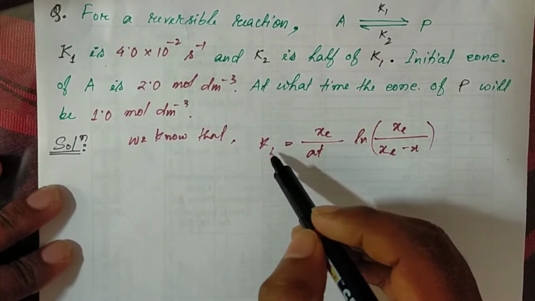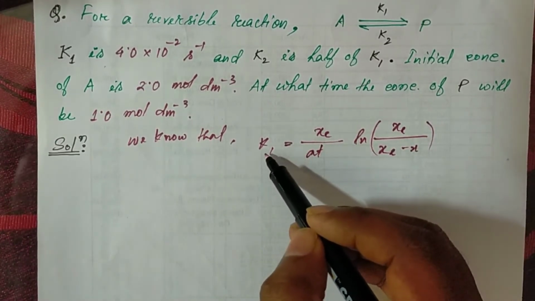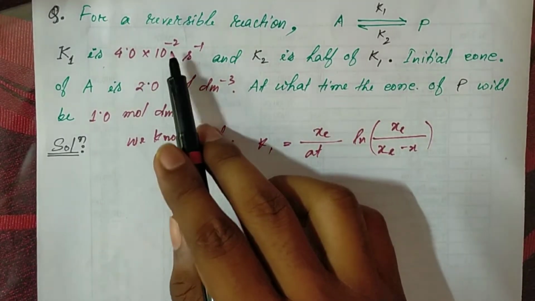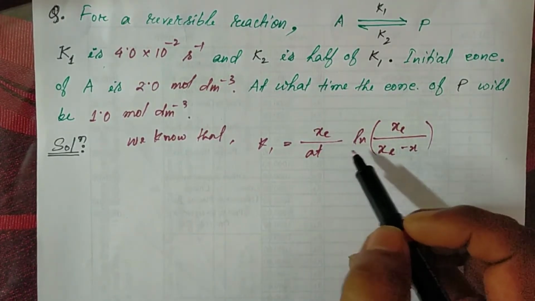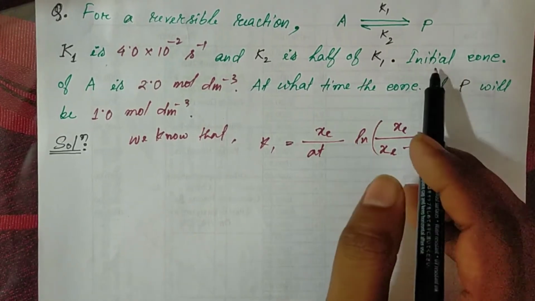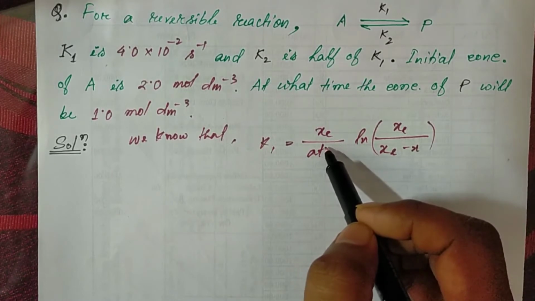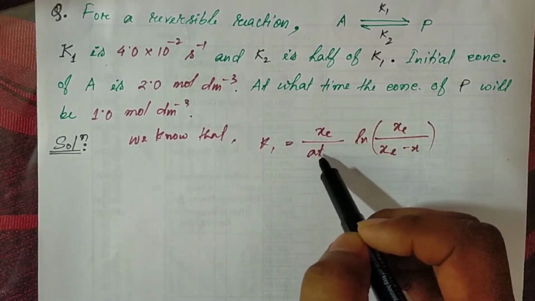Here K1 is given as 4.0 into 10 to the minus 2, and the initial concentration a is given, and we will evaluate time t.